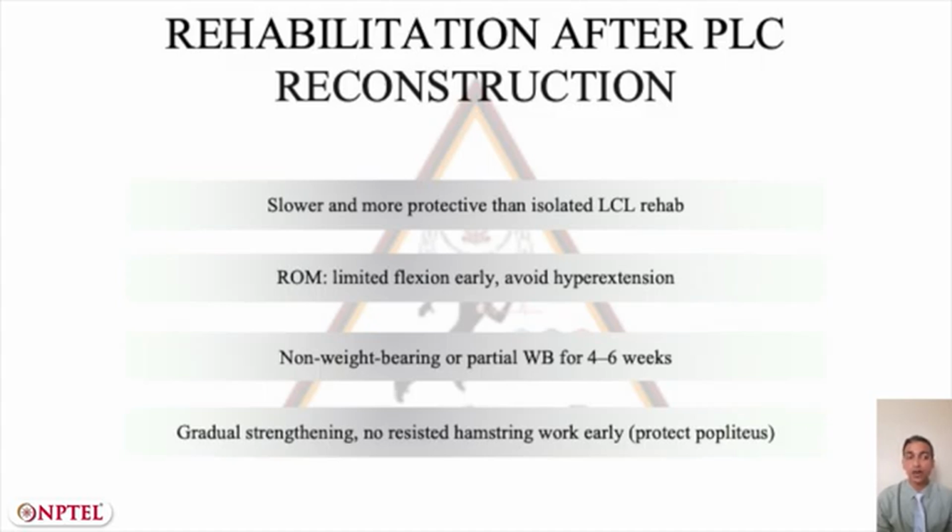Weight bearing is often restricted for 4 to 6 weeks. Muscle strengthening is progressed gradually, but resisted hamstring activity is delayed to protect the popliteus. Return to sport usually takes about 9 to 12 months.